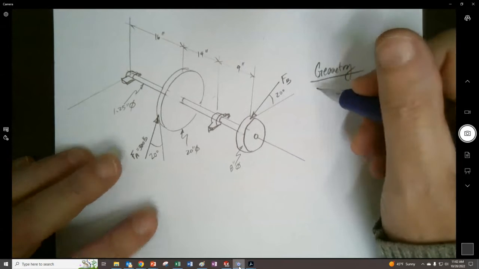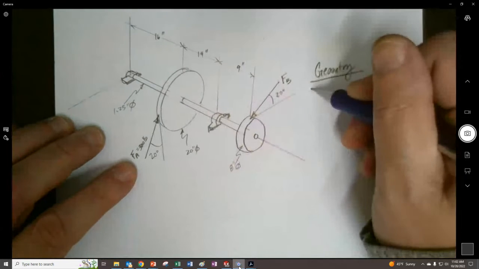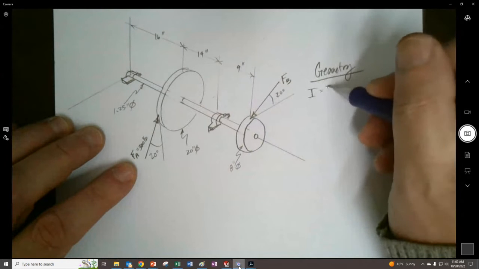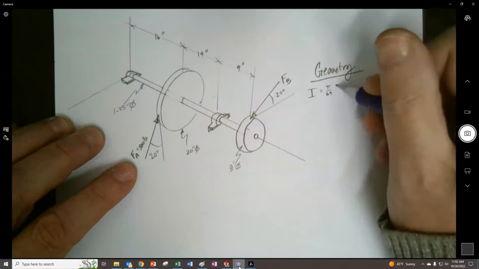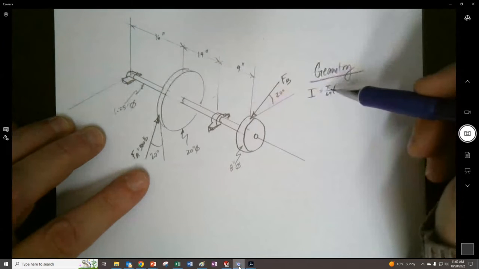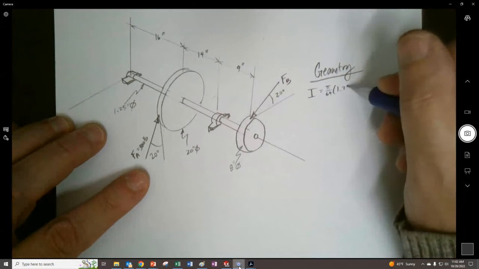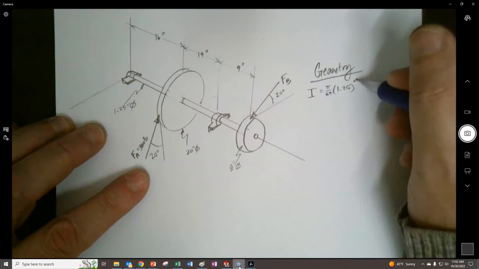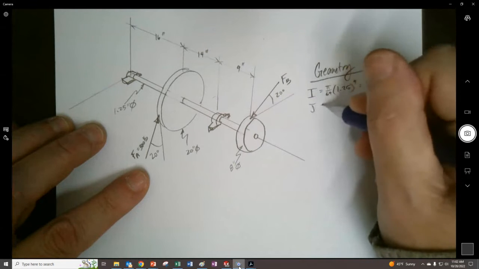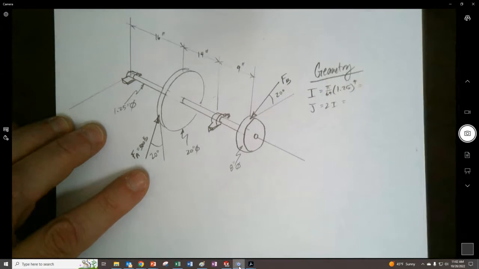We don't have to actually find the area, so let's not bother. We have to do the moment of inertia for bending, and so that's 1.25 to the fourth, and the J is just 2 times the I for a circle.